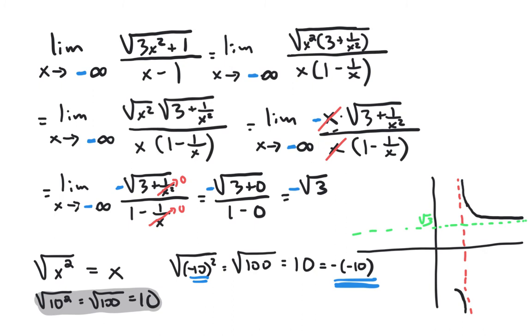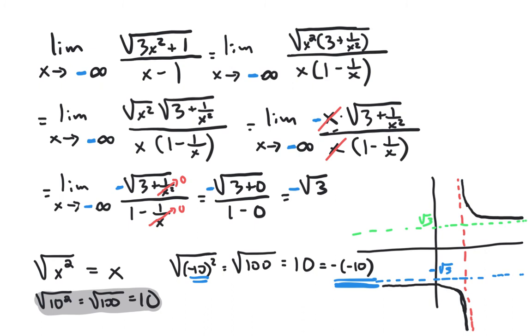But as we approached negative infinity, we approached negative square root 3. So our function is going to approach negative square root 3. So we have this kind of gap where there's absolutely no y values achieved by our function.